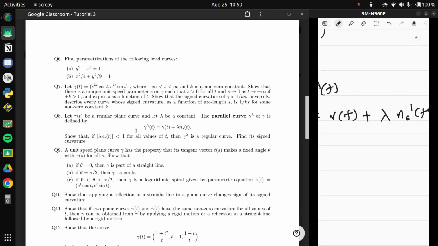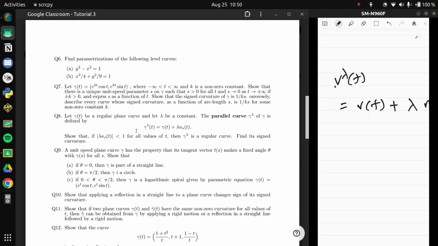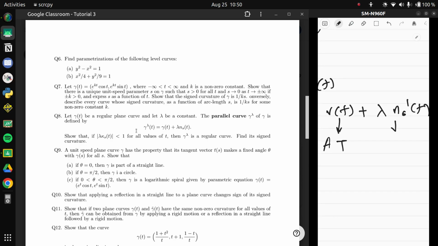So v is in the direction of T, something like a times T, and n sub s dash, since it's a plane curve, the torsion is 0. So this would also be in the direction of T, something like b times T. That actually makes sense.